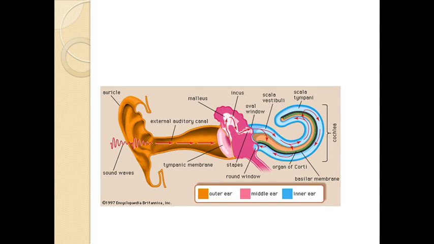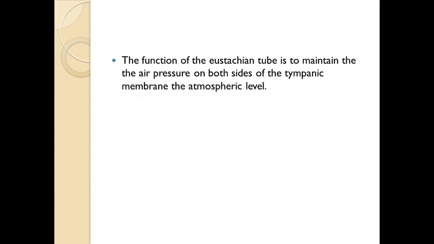In that case, this vibration should be removed. That is why the Eustachian tube is there. The Eustachian tube can equalize the air pressure within the ear and outside the ear. It maintains the same atmospheric pressure within the ear. So the vibration can be removed through the Eustachian tube. The function of the Eustachian tube is to maintain the air pressure on both sides of the tympanic membrane at the atmospheric level.